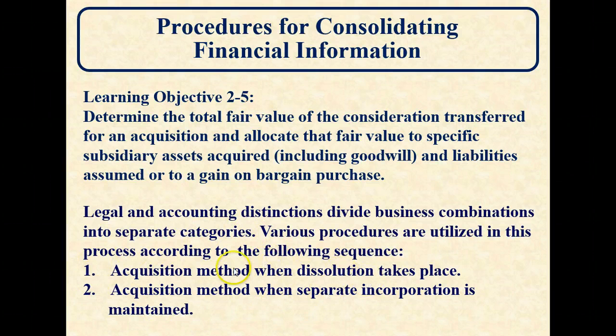But when we acquire a company yet they are still operating independently, we've got 2 sets of books we need to consolidate. And so we have a different method for consolidating 2 companies still operating, but how do we show it as one set of financial statements? So we're going to look at those.